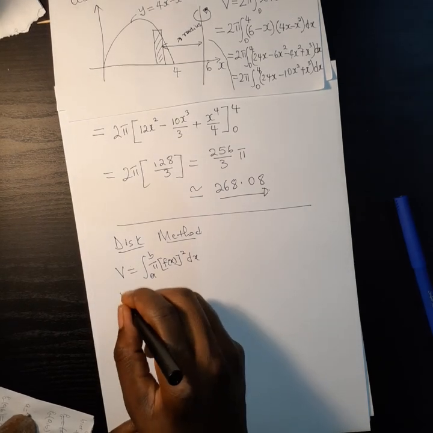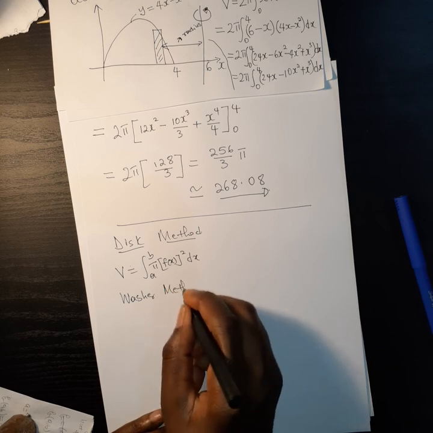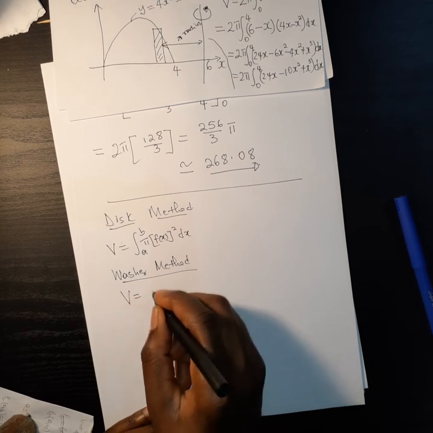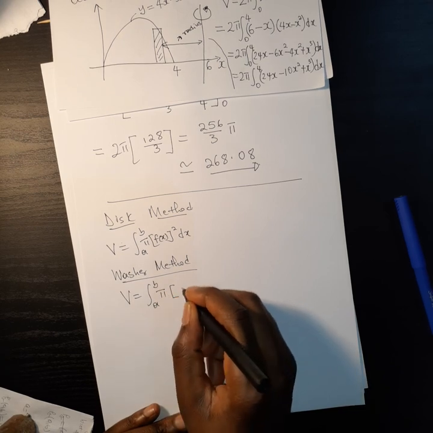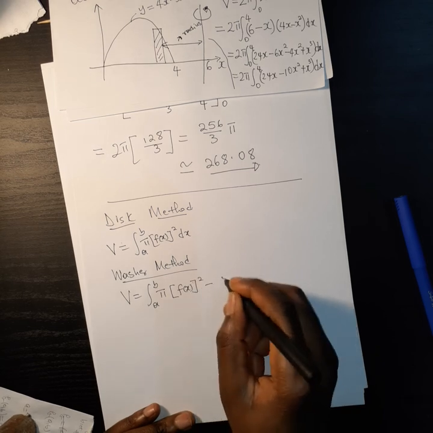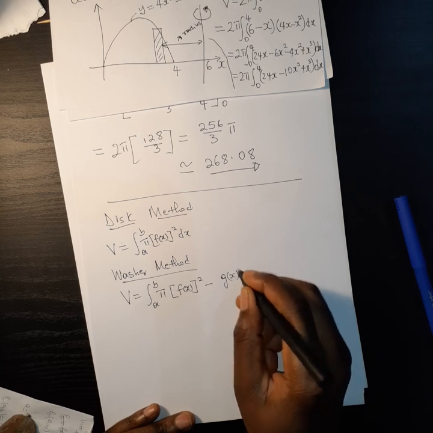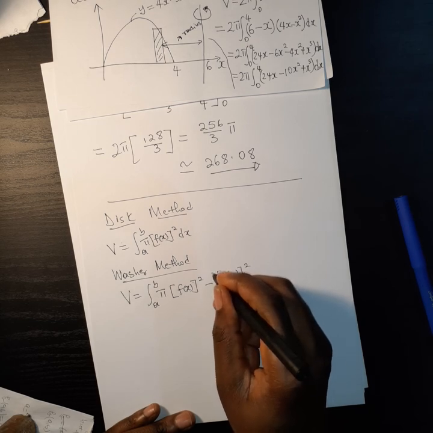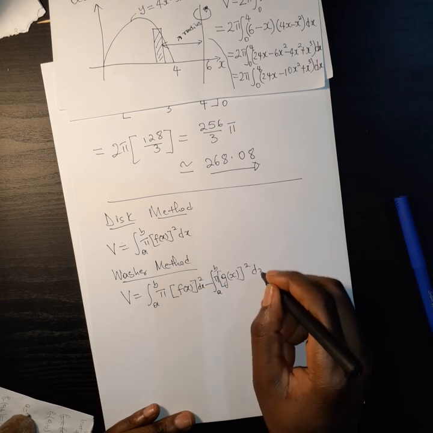And then for washer method, we say V equal to the integral from a to b of pi into outer radius f of x squared minus inner radius g of x squared. You see, you can write your pi here, you can write from a to b, you can write your dx here, you can write your dx here.